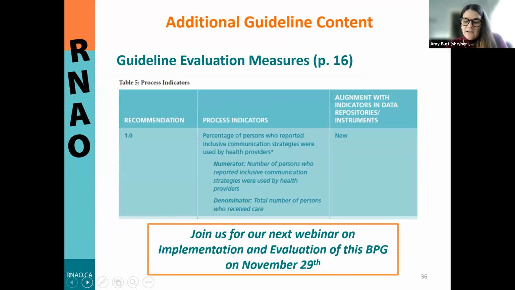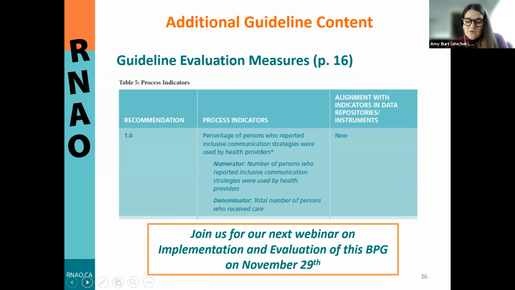Additional content in the guideline includes evaluation and monitoring measures on page 16. If you're an organization implementing this best practice guideline and you want to know the impact of the recommendations on practice change or on person outcomes, you can use the measures outlined in these charts to monitor implementation success or areas that may require further change initiatives.